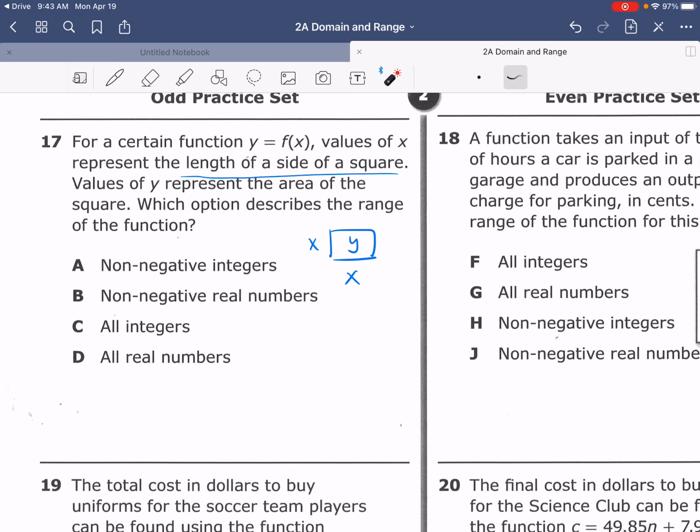You cannot have a negative number for the side because there's no such thing as negative 2 inches or negative 5 inches. So it should be non-negative real numbers. It does not have to be integers because it's possible for you to have 1.5 inches.